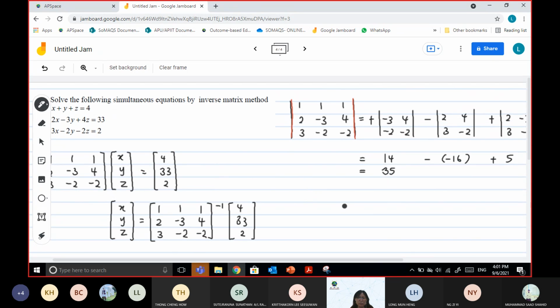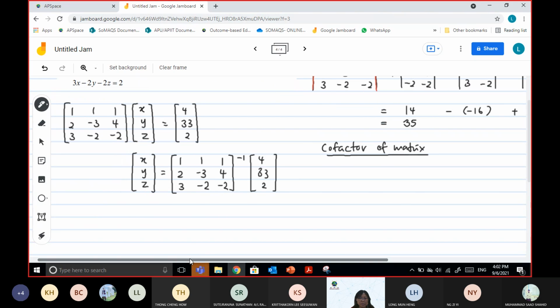So let's continue, determinant done. The next thing we need to find is the cofactor. There is a lot of calculation for the cofactor matrix.